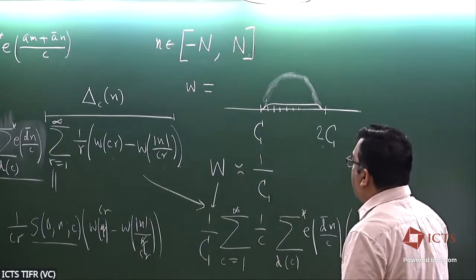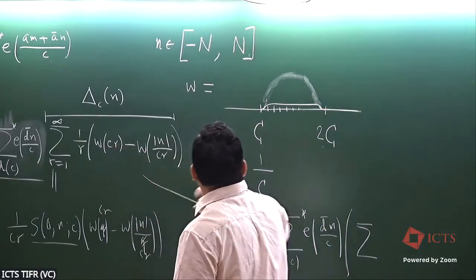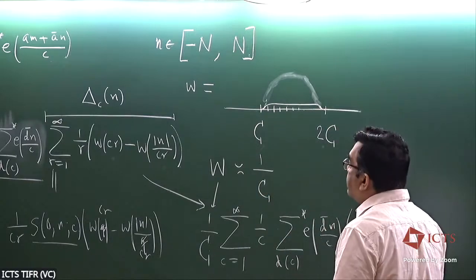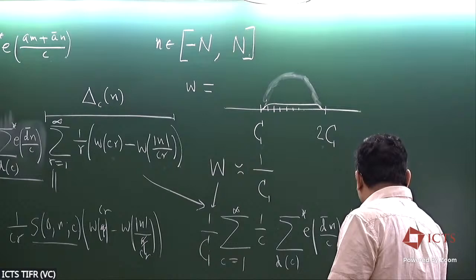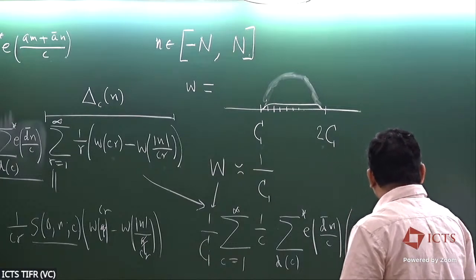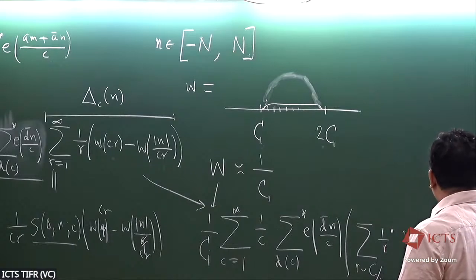which has 2 parts actually. If you look at the first part, c times r has to be of size capital C. So here r should be of size capital C by small c, 1 by r, roughly. There's something over here that I'm ignoring, minus 1 by r.